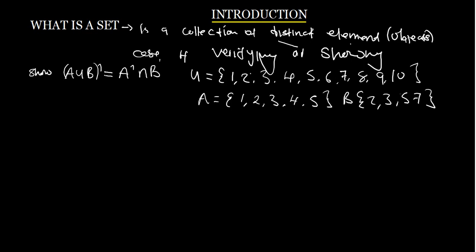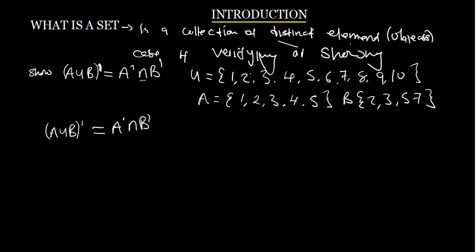So what we are going to do, we'll be moving like this. So A union B, like that, then A complement intersection B complement, like that. By the way, I said when this complement goes inside, it changes the sign and everything. Here it was union, now it has come as intersection. So that's what we want to prove.